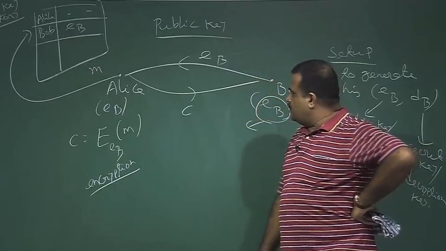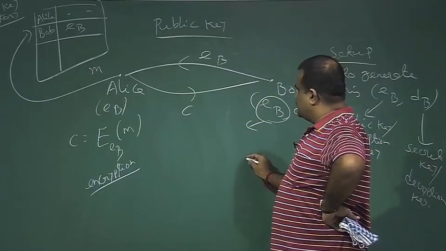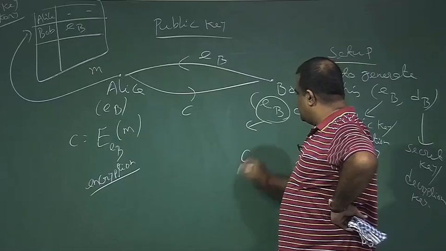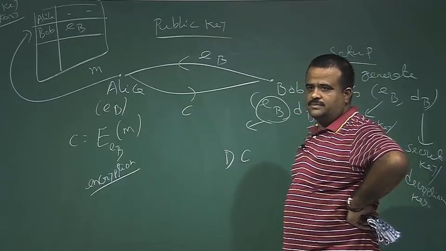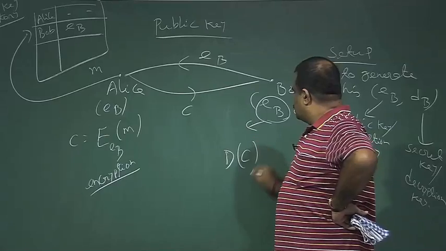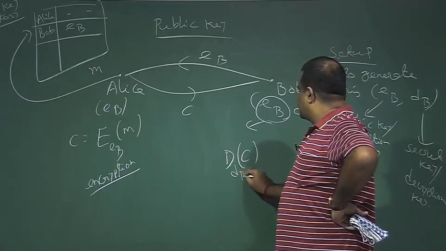So, what will Bob do? Bob will receive this ciphertext C, and Bob will apply the public key decryption algorithm using his secret key.